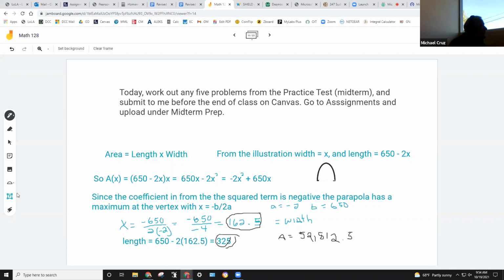I should have just typed that in. So that's the area. And you can multiply those and find it, or you can take 162.5 and put it back in there. Either one will give it to you.